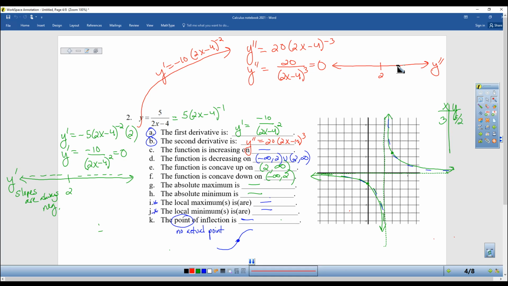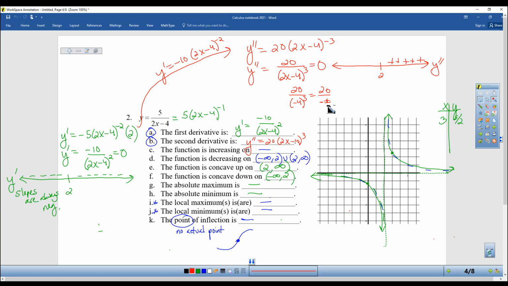If I plug in a number bigger than 2, let's say 5, I get 10 minus 4 is 6. Well, 20 over 6 cubed is definitely positive. Notice you don't have to find the actual number. You just need to understand if it's positive or negative. But if I plug in a number like 0, I'll get negative 4 cubed, which is going to be negative.